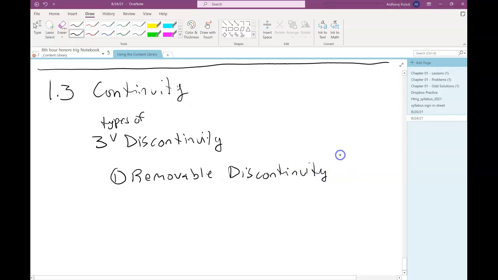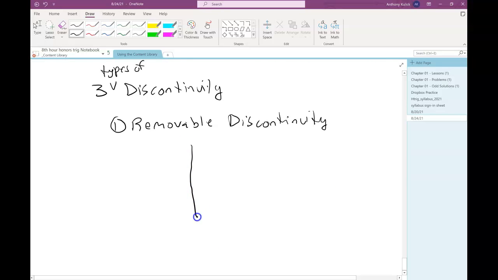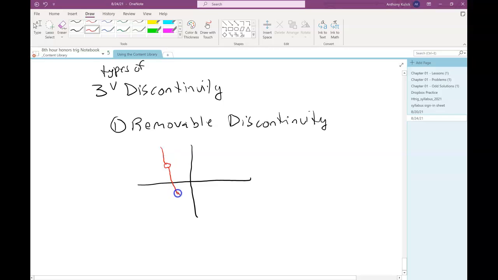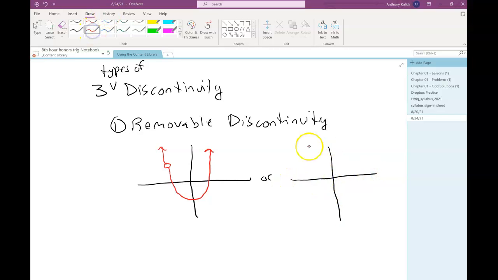This was something that could happen when we graphed general rational functions. So here, there's a hole in my graph. There's 1 point missing. And it's still considered a removable discontinuity if we have the hole, but we've put the point in the wrong place.